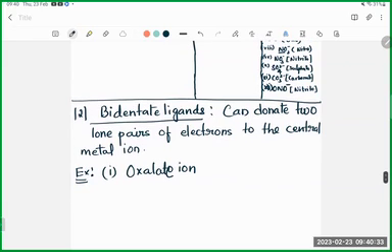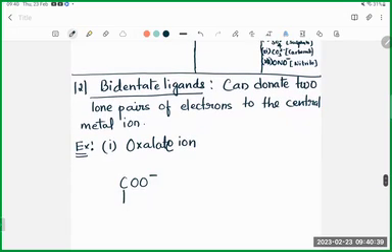Now look at the symbol over here. COO minus, single bond, COO minus. You know oxalic acid, COOH, single bond COOH. I removed hydrogen and kept a negative ion over oxygen in place of hydrogen.